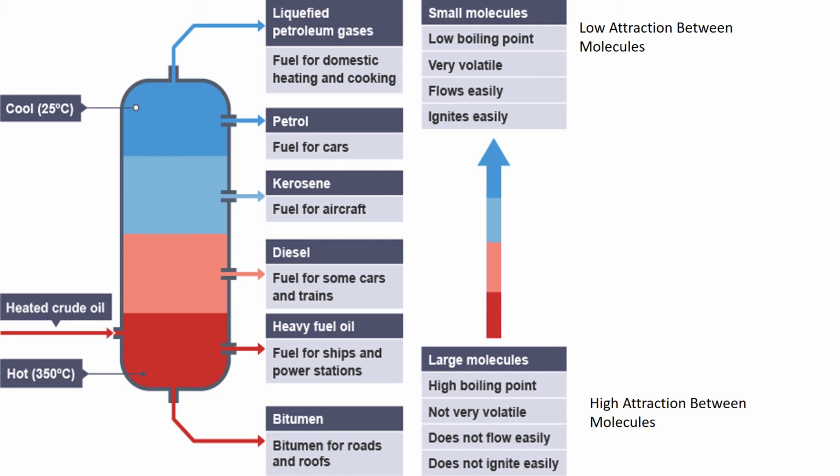So between these large molecules, we say there is a high attraction between the molecules. So it's a force a bit like gravity. The molecules are attracted to each other, and it takes a lot of energy or a high temperature to overcome those forces and get them to turn into a gas.